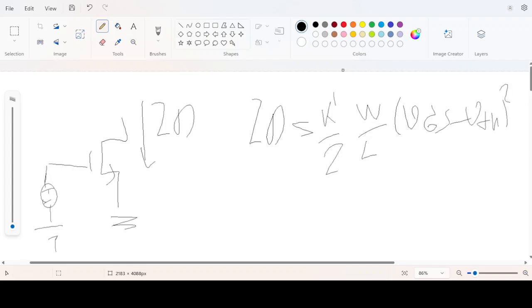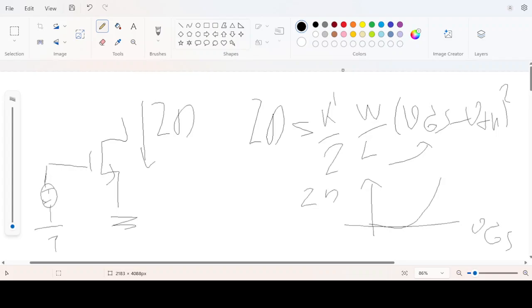And so this means that when we have a small gate source, we would have a huge output current. However, it is quadratic.